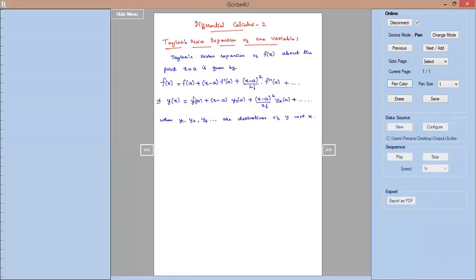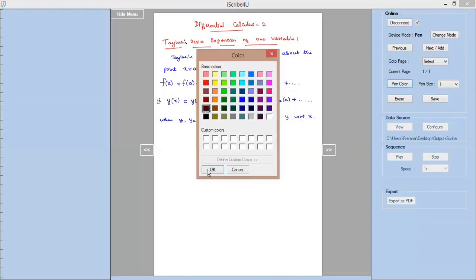Sometimes you might also use it in the form f of x is equal to f of a plus x minus a into f dash, etc. I'll be using the alternate notation, y of x is equal to y of a plus x minus a into y1 of a plus x minus a whole square divided by 2 factorial y2 of a, etc. While doing problems, until what degree terms we are asked to find, we'll be finding the derivatives until those terms.